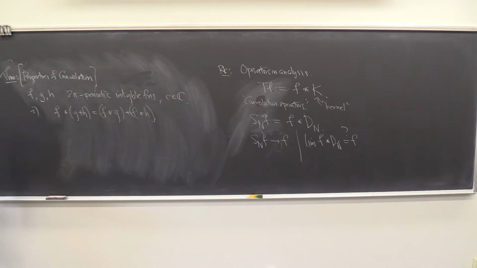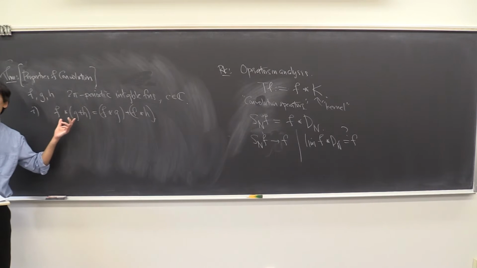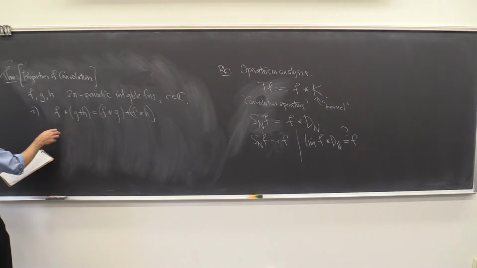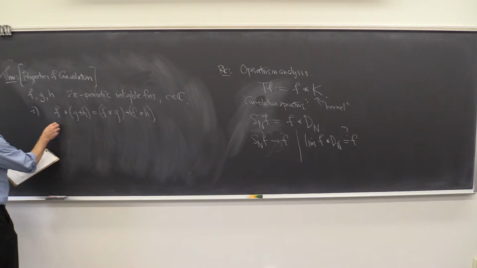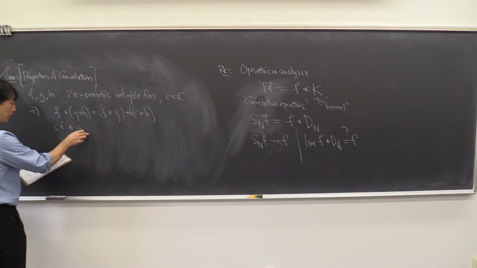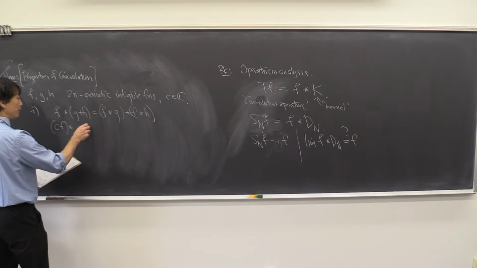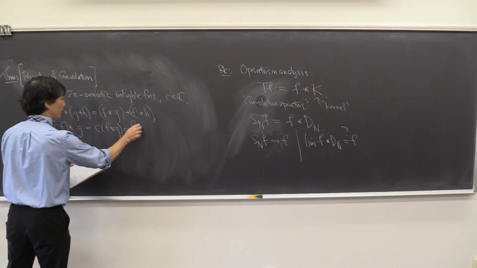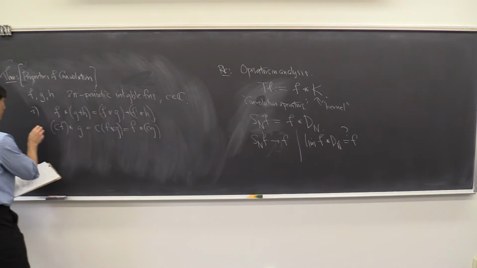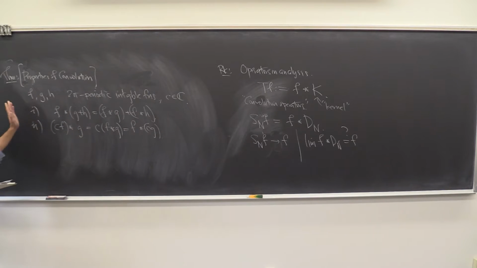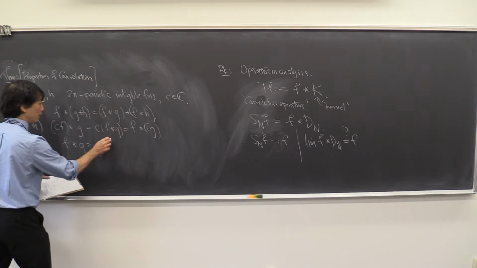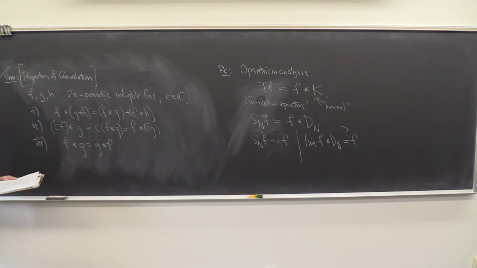In other words, you have a distributive property, just like back in elementary school. You also have that you can pull the constant through. So c f convolved with g is equal to c times f convolved with g, which is equal to f convolved with c times g. That's sort of obvious. These both are obvious, we don't really need to prove them. As we mentioned last time, convolution is commutative, which you can see via change of variables.